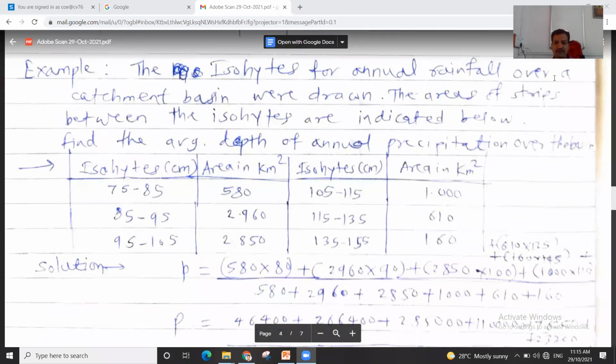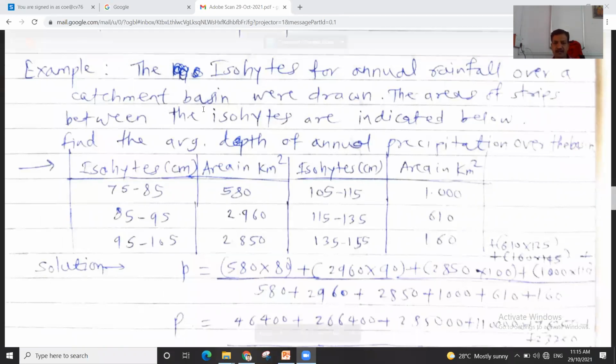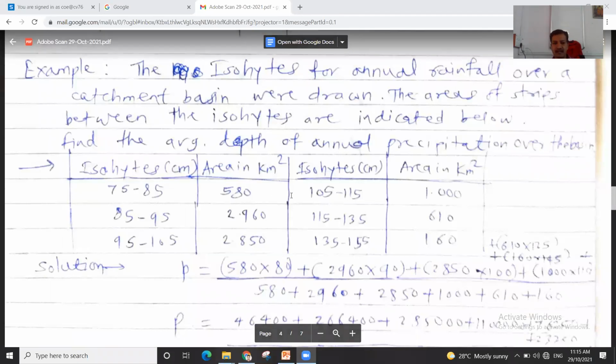नेक्स्ट प्रॉब्लेम लिहून घ्या. The isohyets for annual rainfall over catchment basin were drawn. This is an example related to isohyetal method. आता आपण पाहिलं Thiessen polygon method.